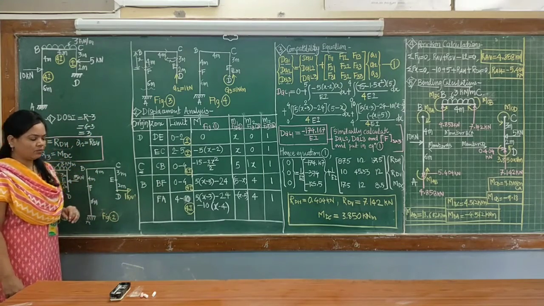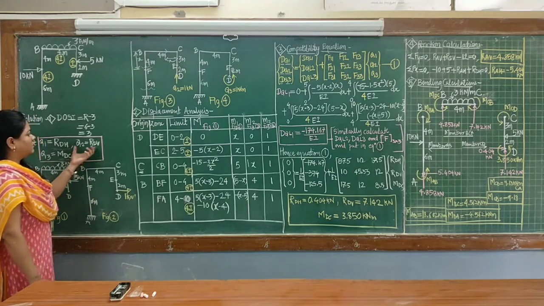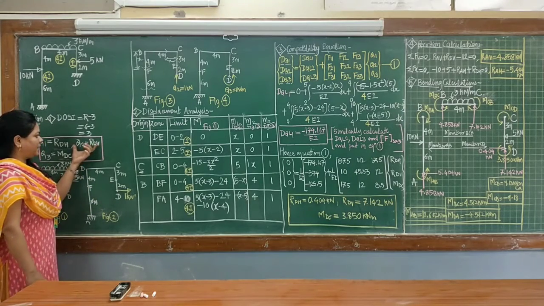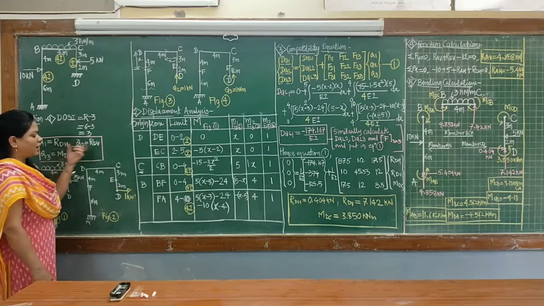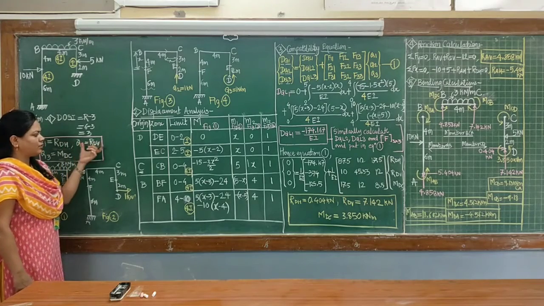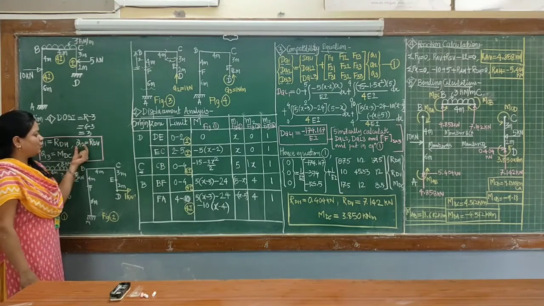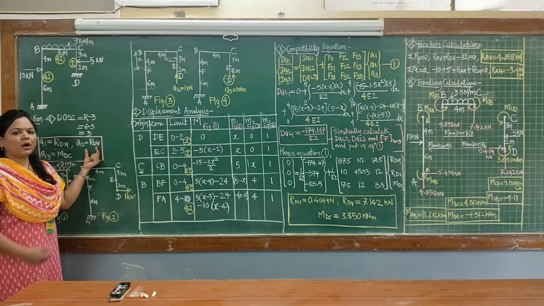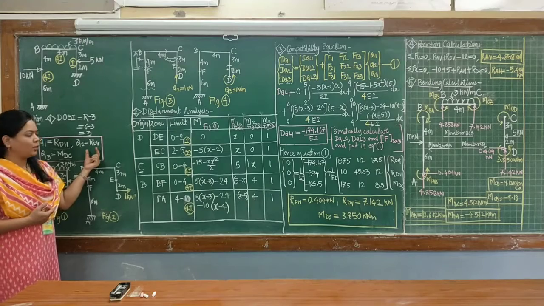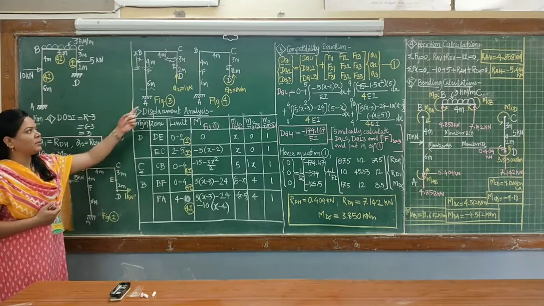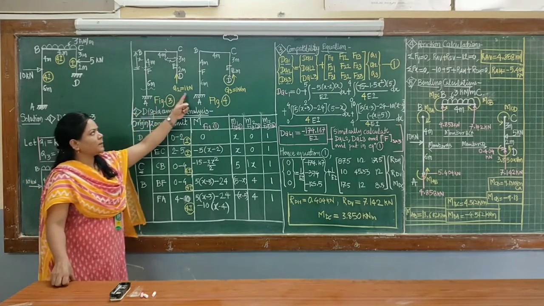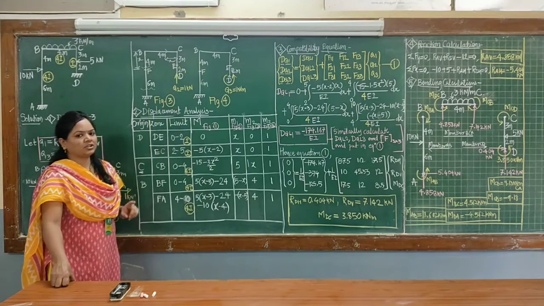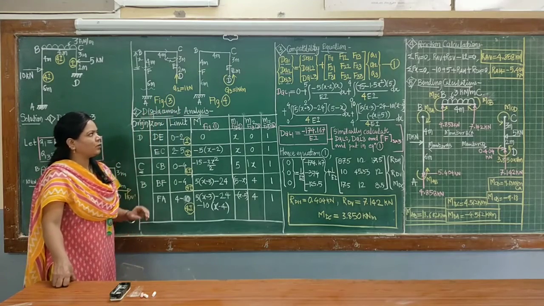External load is removed. The same thing will happen in the next 2 unknowns, that is when Q2 is equal to 1 kilonewton. Now Q2 is the vertical reaction at support D. So here you have to apply unit load at support D. So that will be next figure number 3. So Q2 is applied 1 kilonewton in vertical direction, removing all external load.